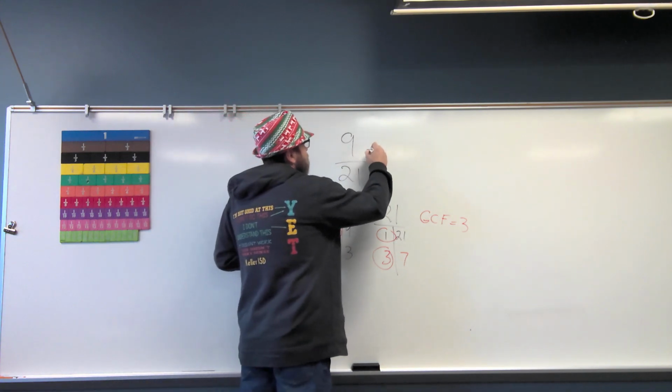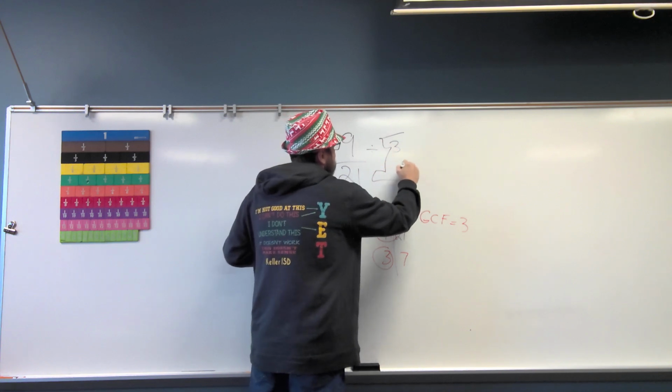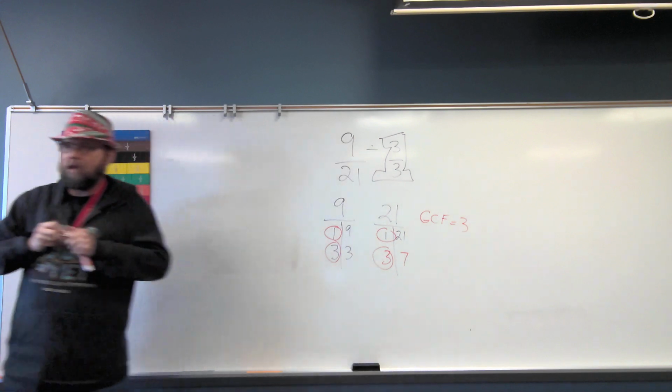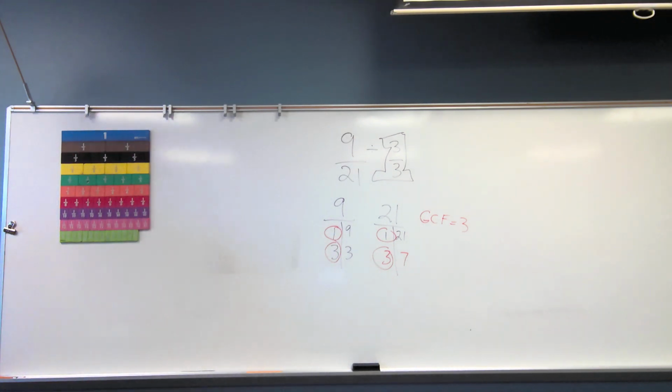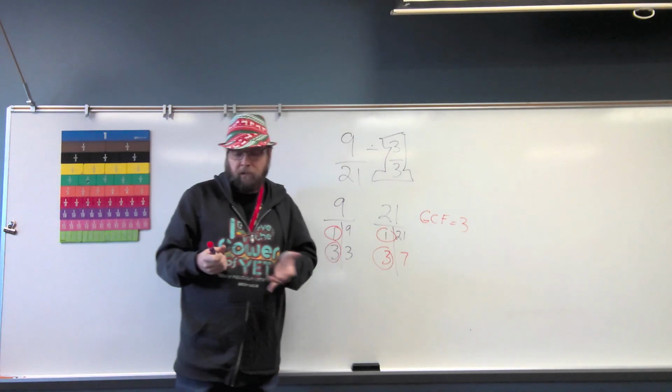We take the greatest common factor and we divide by that greatest common factor, but making that a fraction that equals 1. Any fraction that has the same numerator as denominator is going to equal 1.